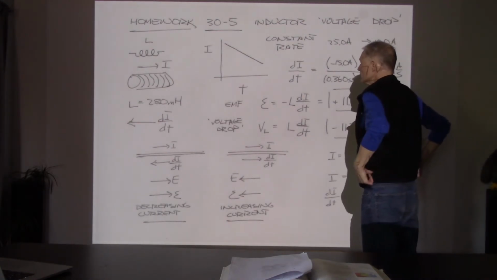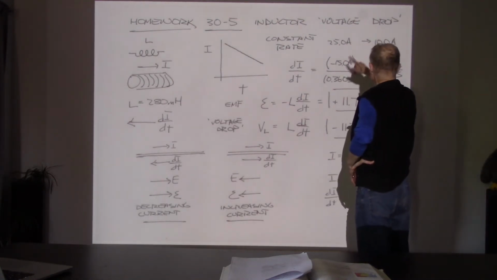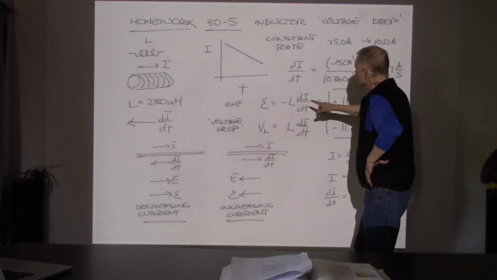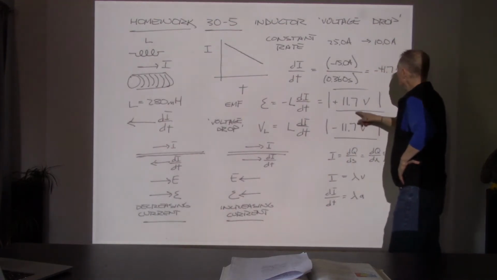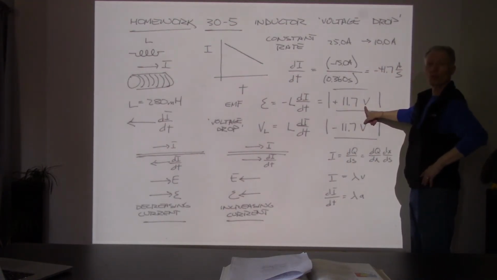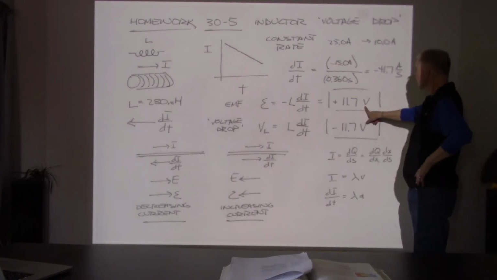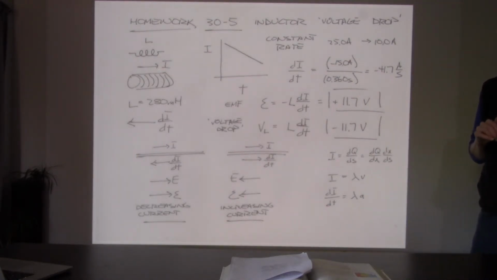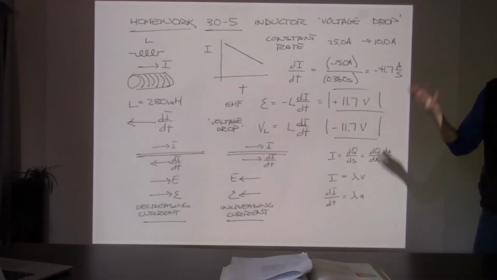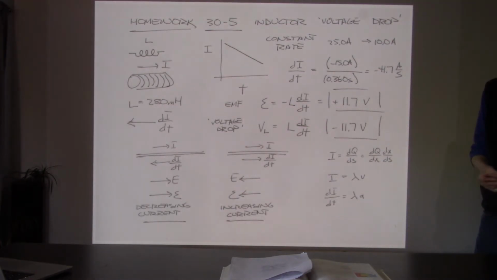So what it says is, for the numbers that were given, which we looked at before, there is going to be an EMF pushing the charges forward of 11.7 volts from that inductor. That inductor is going to become a major voltage source in the forward direction. And it's not going to stop the current from slowing down. It's going to reduce the rate. It's not going to slow down as rapidly as it would have otherwise.